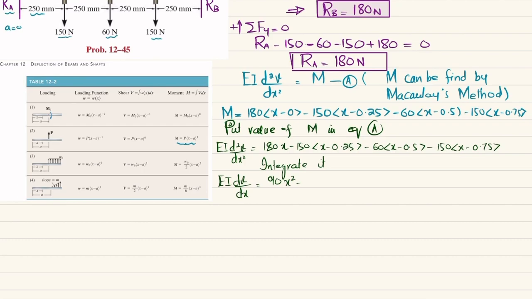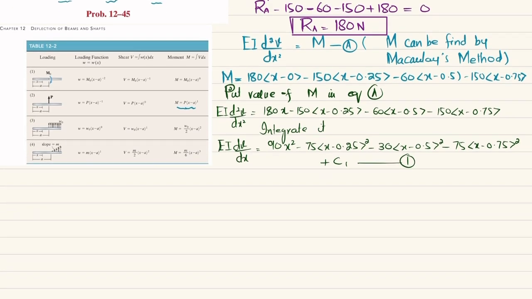So 150 divided by 2 is 75, so it is x minus 0.25 power 2. And this will be minus 30 into x minus 0.5 power 2. And this will be minus 150 into x minus 0.75 divided by 2, so again this will be minus 75 into x minus 0.75 power 2. Plus there is a constant of integration, which is C1. Let this be your equation number 1.